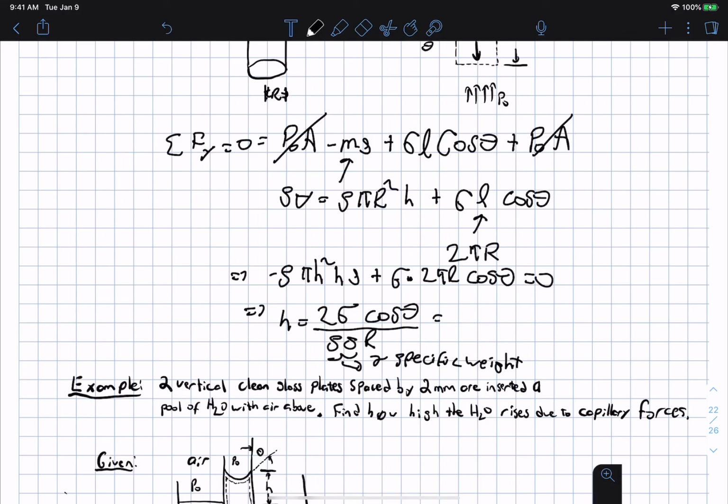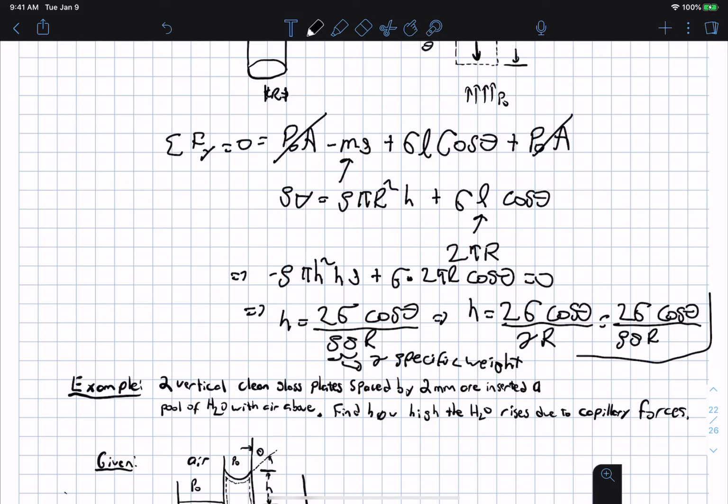And so this implies that in a little tube, the height that a liquid will rise up is h equals 2 times sigma cosine theta over the specific weight times r, or if you know the density, 2 times the surface tension of that interface times cosine theta over rho times g times r. Both of those equations are equivalent.